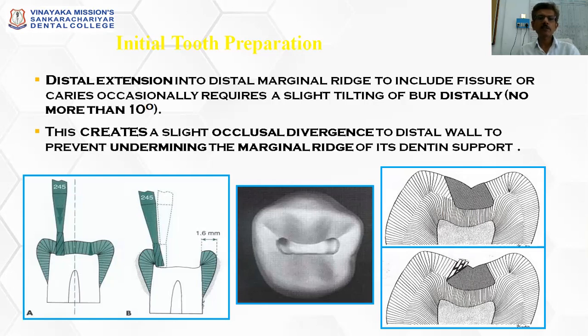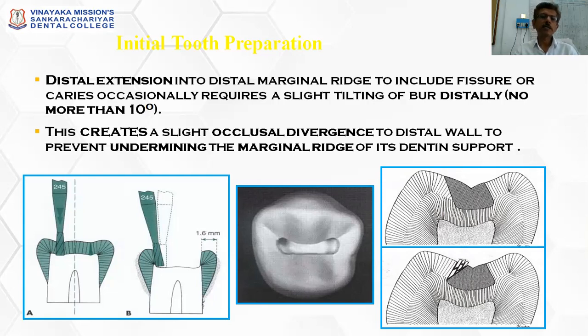However, instead of giving this 10-degree taper, if you make it convergent, as I said before, you are going to end up resulting in a margin that contains enamel without sound dentin.